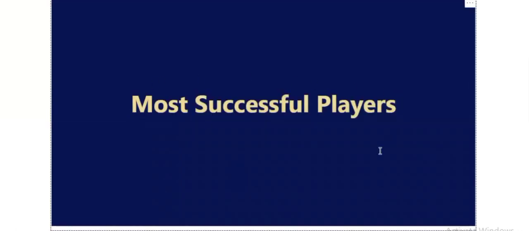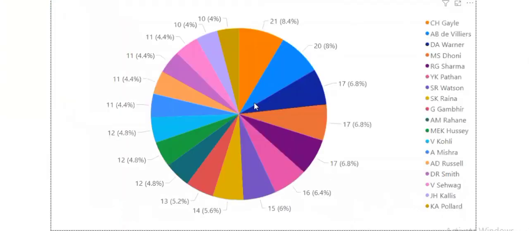This shows us our most successful player. This pie chart shows the number of times players won the player of the match award. For example, Chris Gayle won this award 21 times, and AB de Villiers won 20 times.